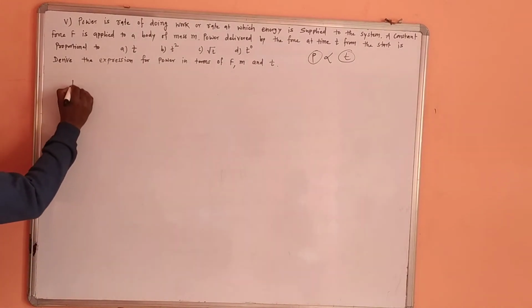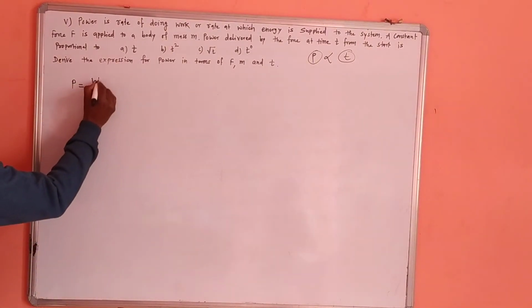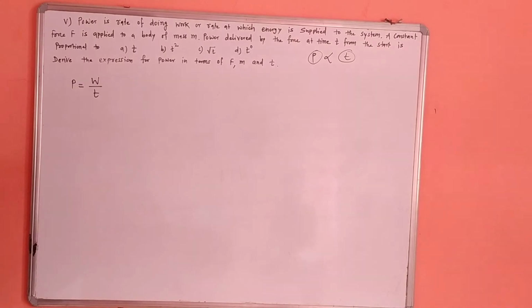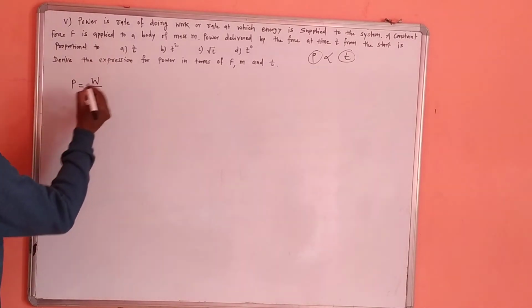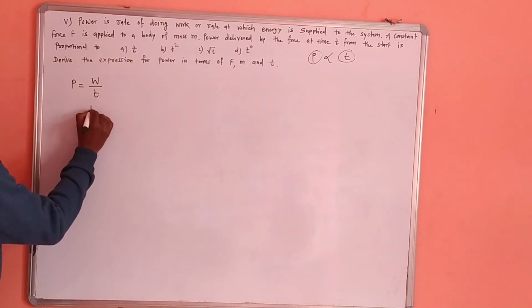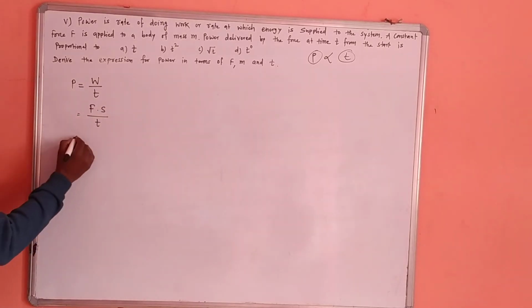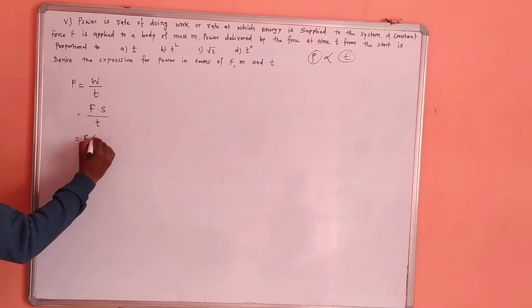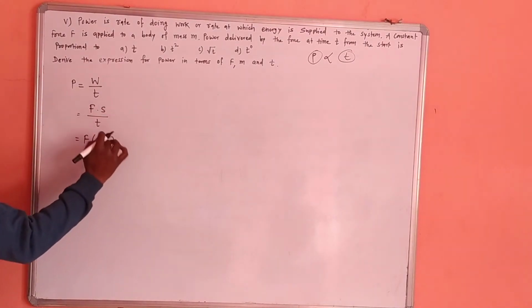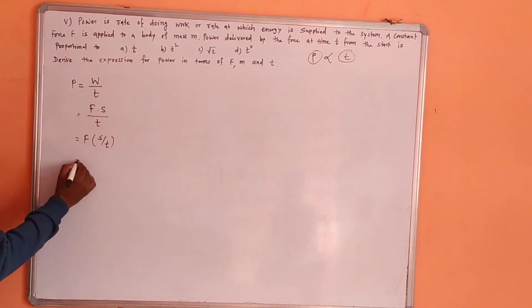So we know that power is nothing but work upon time, as it is already given in the problem. And work is nothing but force into displacement. So what we can write? Force into displacement upon time, this quantity. And displacement upon time is nothing but velocity.